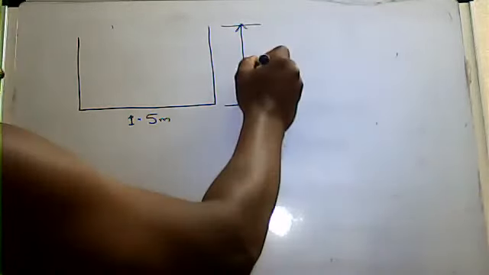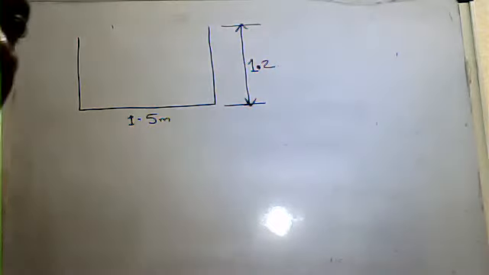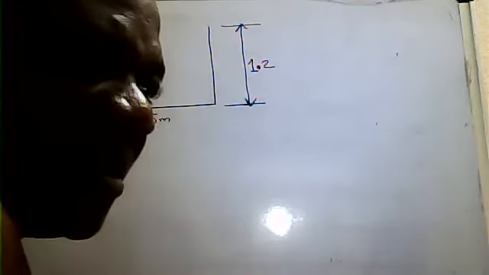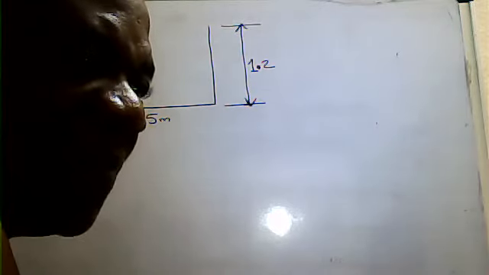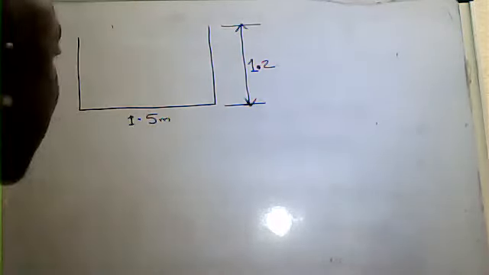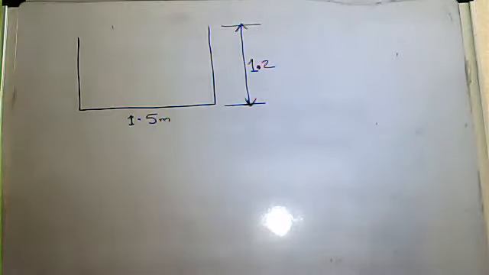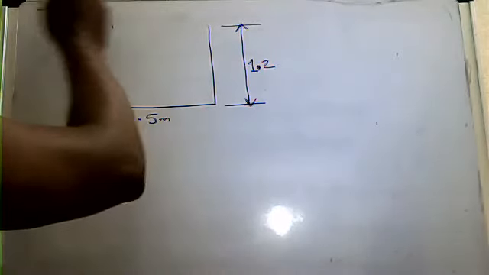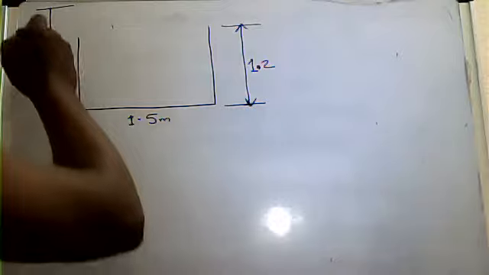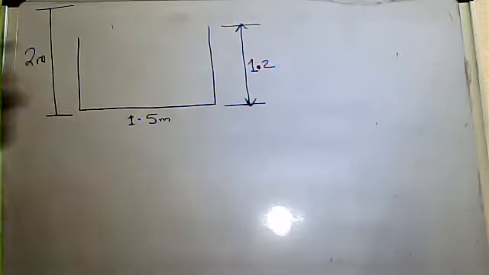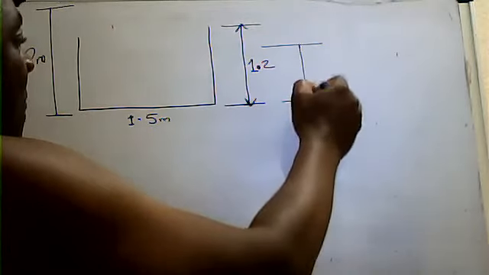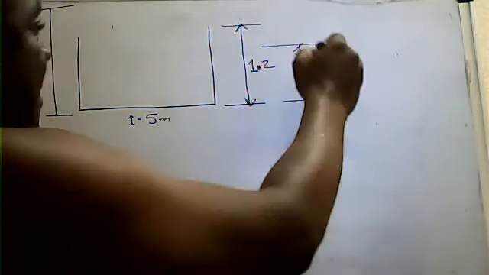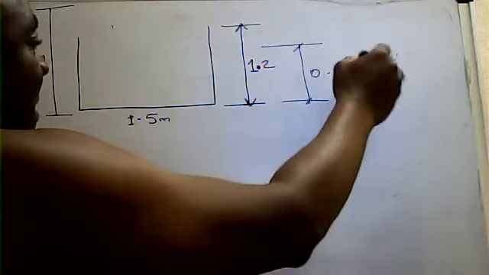Okay? Which means that, and then we have water. On one side of the orifice, the water is 2 meters. Okay? So on one side, the water is 2 meters. On the other side, the water is what? 0.4 meters.